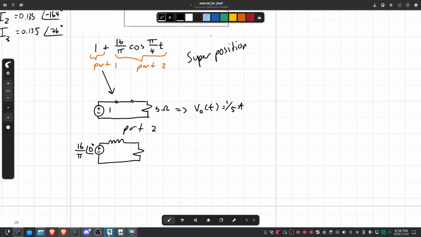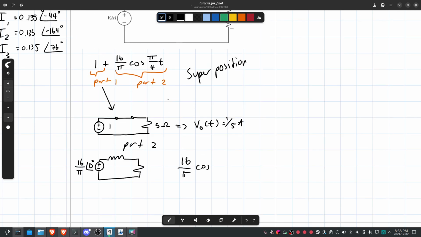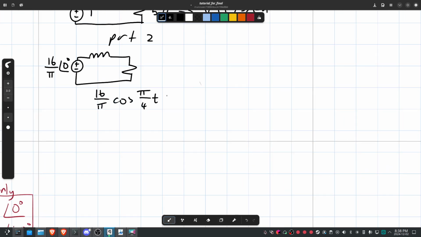So say if you have 16 over pi cosine of this. Suppose you had a sine part, for example, 8 over pi sine of pi over 4t.